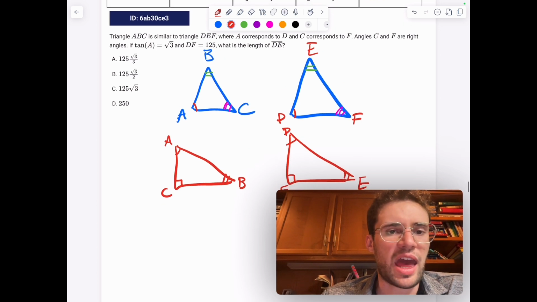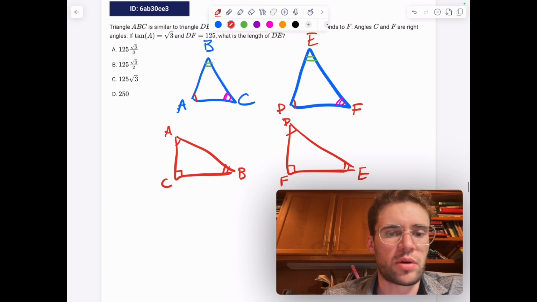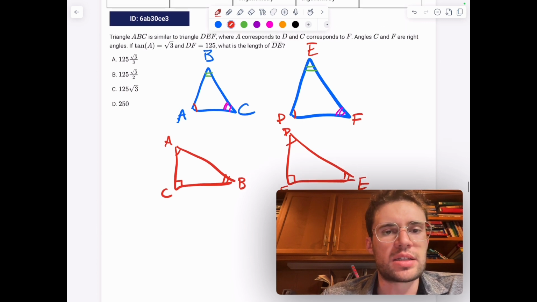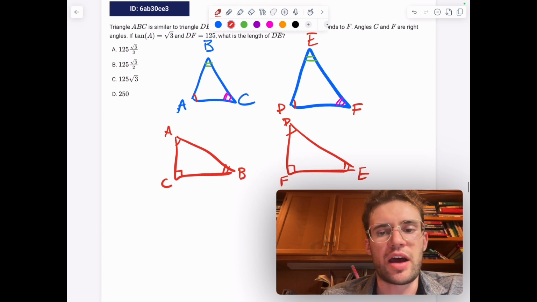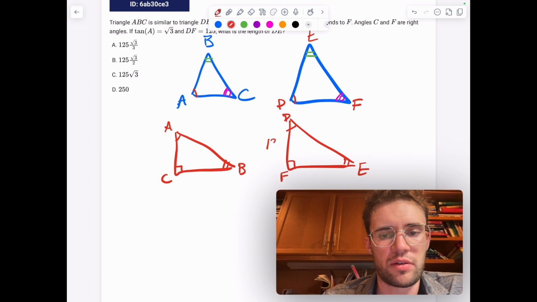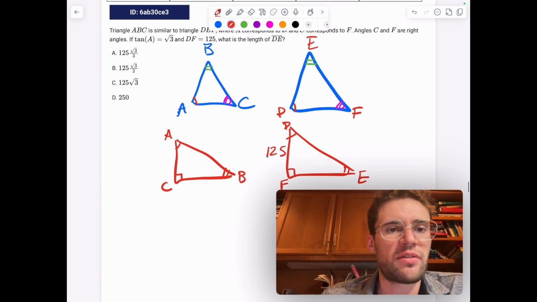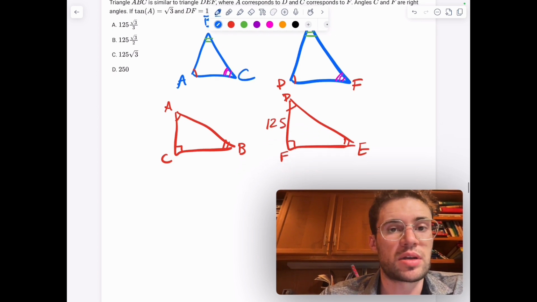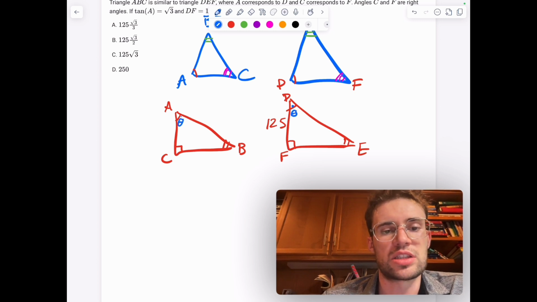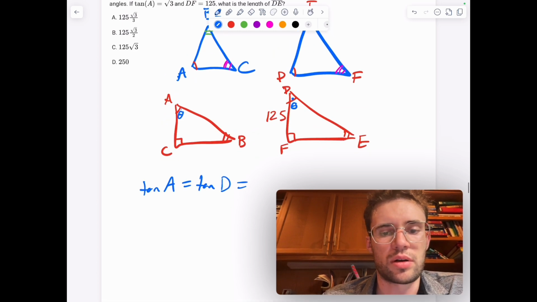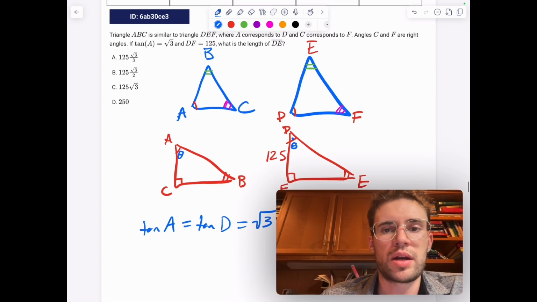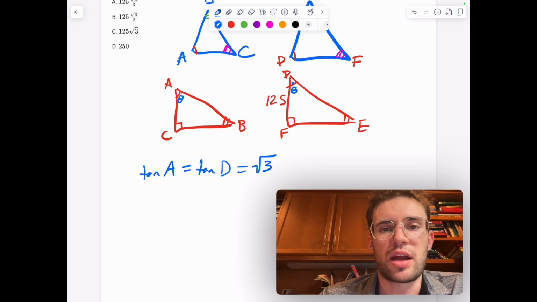If tangent of A equals the square root of 3, and DF equals 125, tangent of A is the same as tangent of D. So we could say, right, because they're the same angle, if this is theta, this is theta, so tangent of A equals tangent of D, which equals the square root of 3. What is the length of DE? So we're trying to find the hypotenuse here.